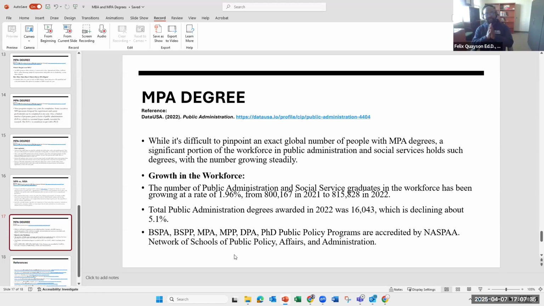The number of public administration and social service graduates in the workforce has been growing at a rate of 1.96%. In the year 2021, we had about 800,167 professionals in the workforce under public administration and social services. And now, fast forward a year later to 2022, that number grew at a rate of 1.96% to 815,828 professionals.